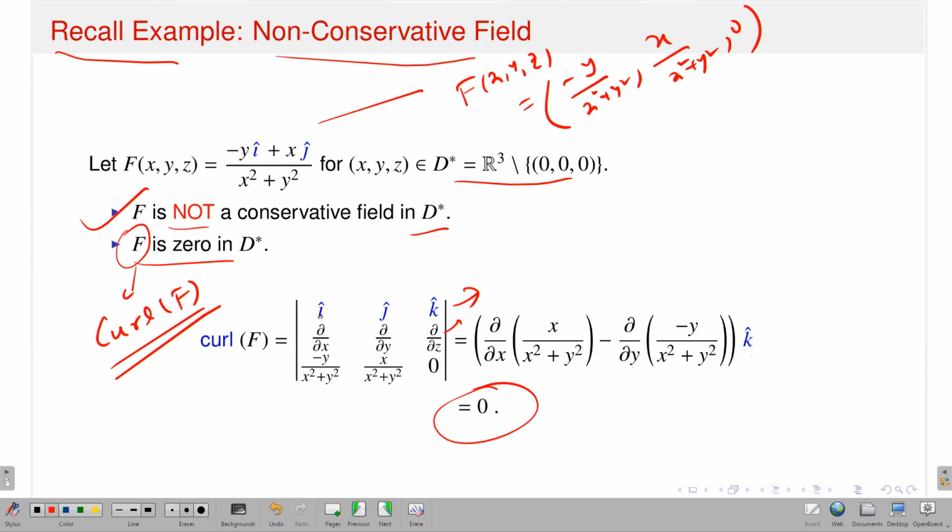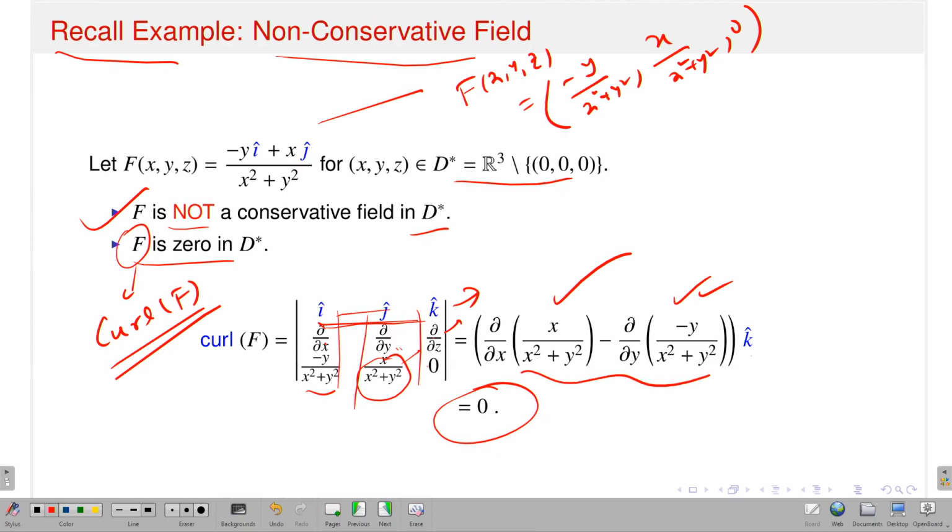For i cap, one term is 0, and the other is 0 because this one is independent of z. What about j cap? Again del x of 0 is 0, and the derivative del z of this one is also 0 because there is no variable z. So only the k cap will survive. That means del x of x by x square plus y square, minus del y of minus y by x square plus y square, and if you calculate it, it turns out to be 0.